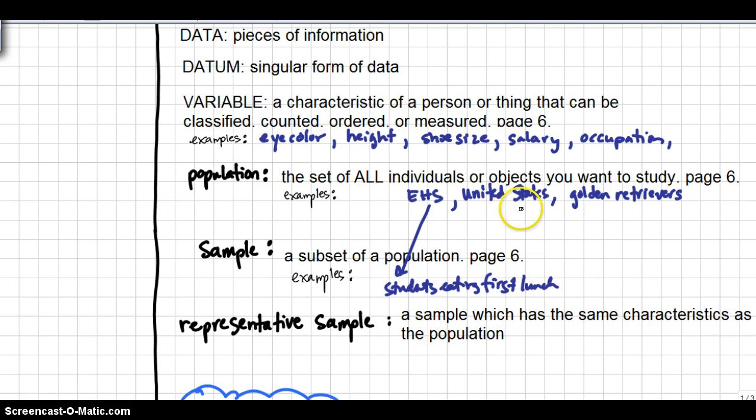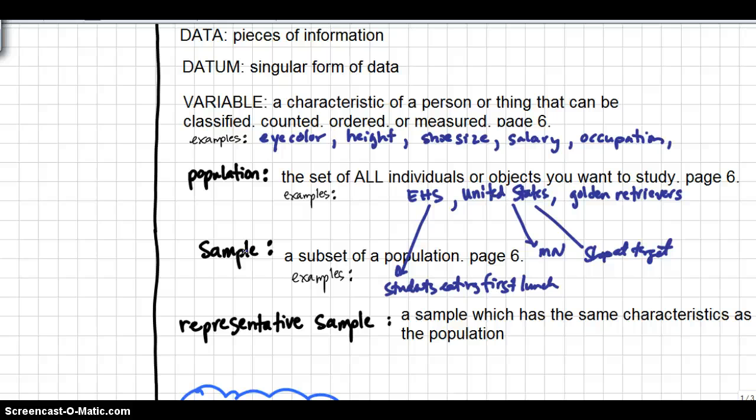A sample of the United States might be all the people in a particular state. You could just look at, for example, Minnesota. Another way that you could come up with a sample from the United States is just people who shop at Target. Or you could look at people who drive more than 10 miles to work. Those could be different samples that you are looking at.